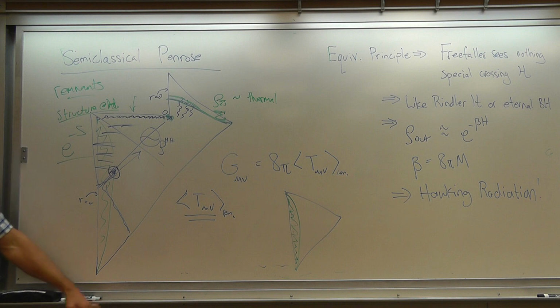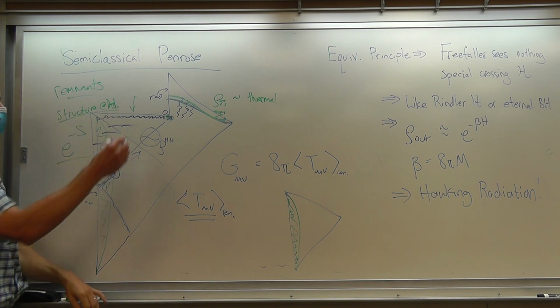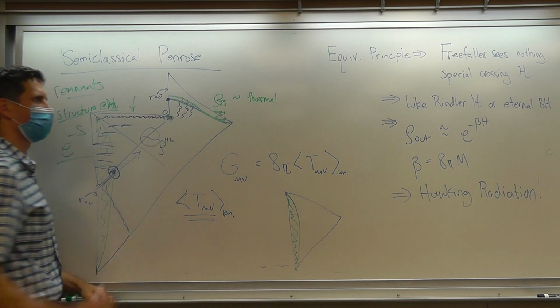So in all three of these proposals, is the end game that you want the state on the spatial slice after the black hole has collapsed to be pure? Well, it depends what you mean. In remnants, yes, but you have to imagine including this little thing there.